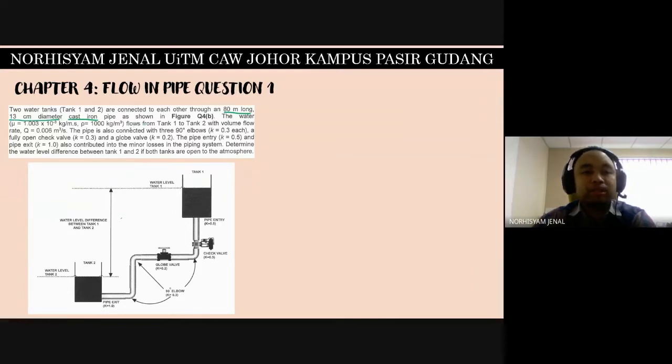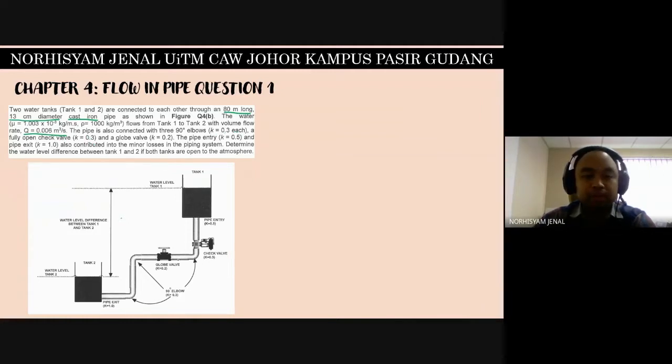The water, with its dynamic viscosity mu and density, flows from tank 1 to tank 2 with a volume flow rate Q equal to 0.006 meter cube per second. The pipe is also connected with three 90-degree elbows, K equals 0.3, and a fully open check valve, K 0.3.